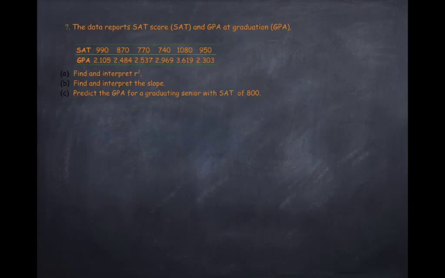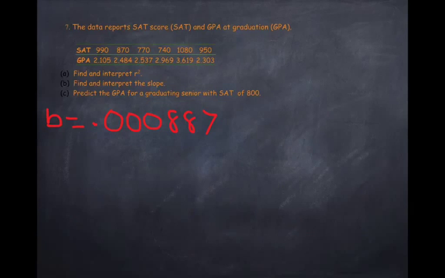And so next, we want to find and interpret the slope. And so we found that the slope B was 0.000887. And so let's just write the regression line.